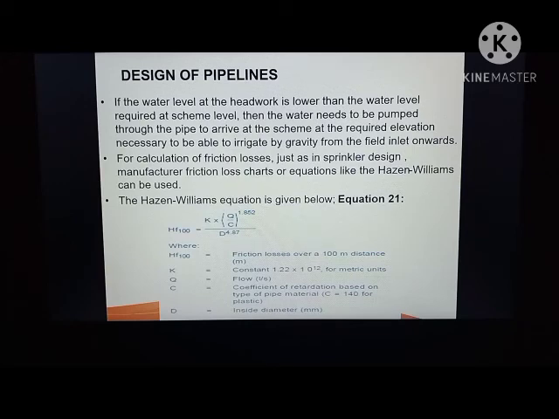K is the constant, 1.22 times 10 raised to 12 for metric units, and Q is equal to the flow, liters per second, or the discharge, and C is equal to the coefficient of retardation based on type of pipe material. C is equal to 140 for plastic. D is equal to the inside diameter of the pipe.